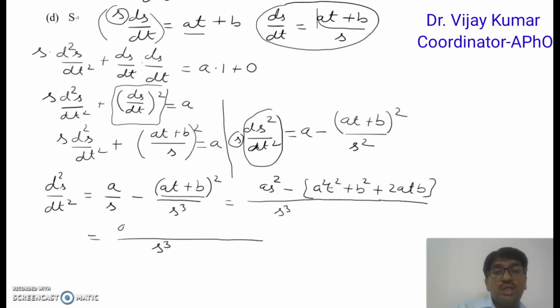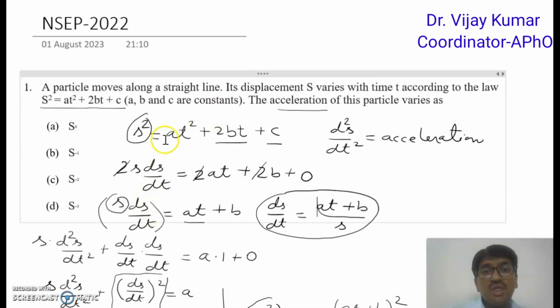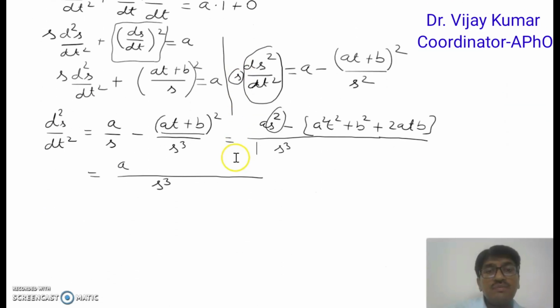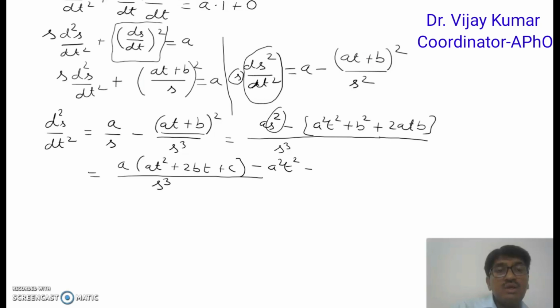as square, we put the value of this s square. The value of s square is given in the equation at square plus 2bt plus c. So we can write a into at square plus 2bt plus c, minus a square t square minus b square minus 2atb, over s cube.